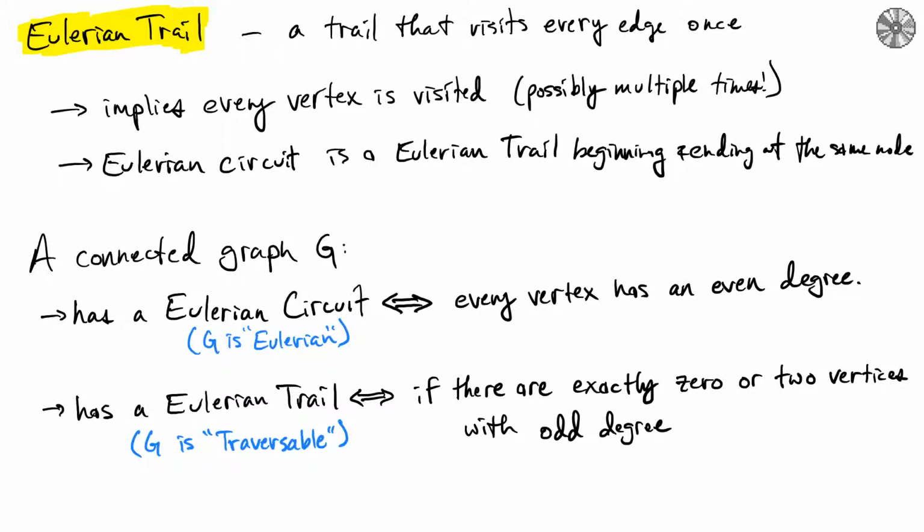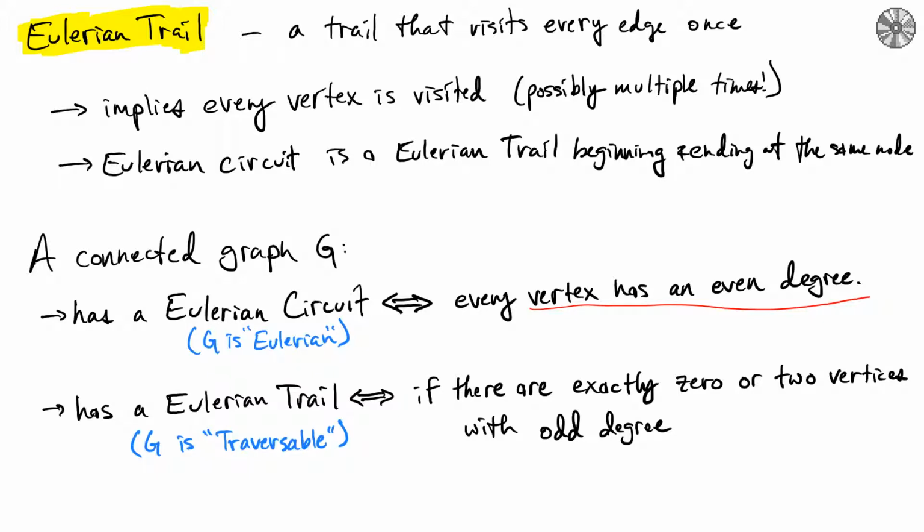It's intuitive to think that if a Eulerian circuit needs to reach every edge, then it needs to come into a node and also out of that node to continue along that circuit. For that reason, every node has to have an even degree for there to be an Eulerian circuit.